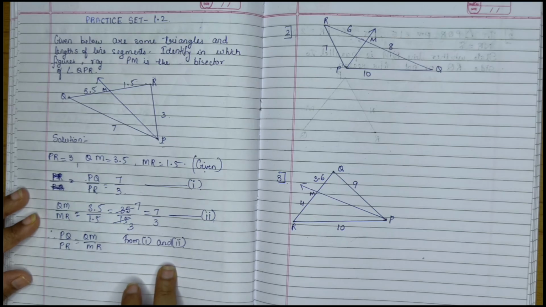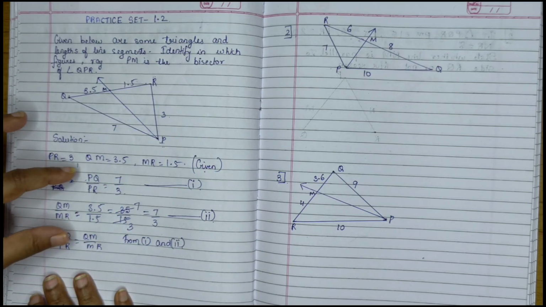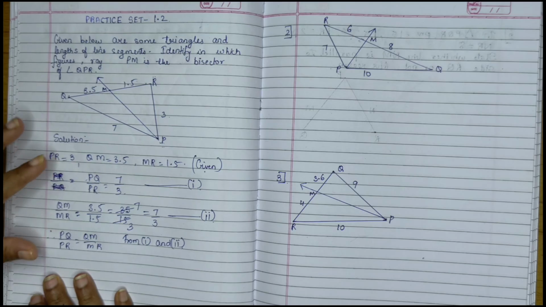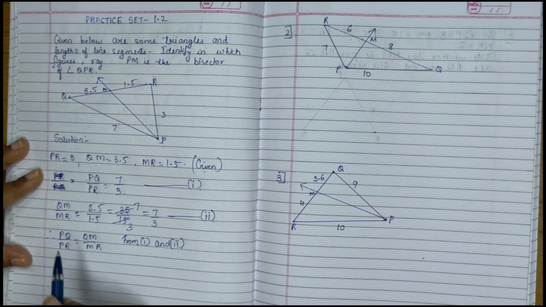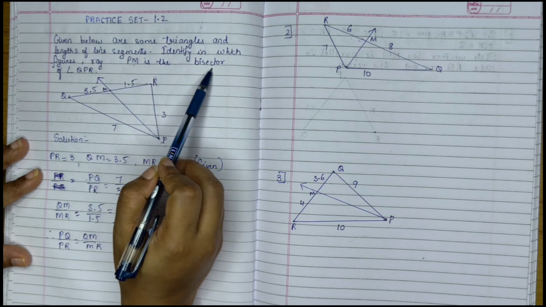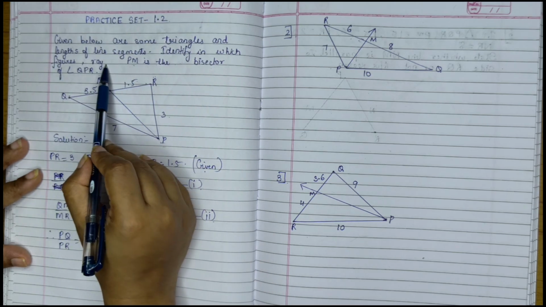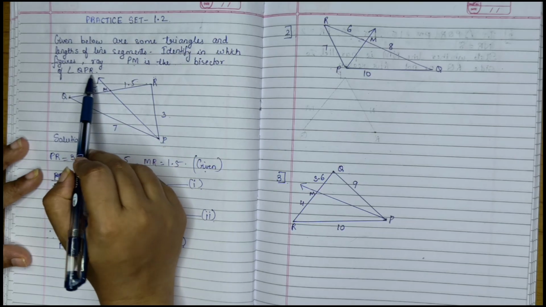Whenever you get these two sides equal, the left hand side and the right hand side, we will say that by converse, ray PM is the bisector of angle QPR.